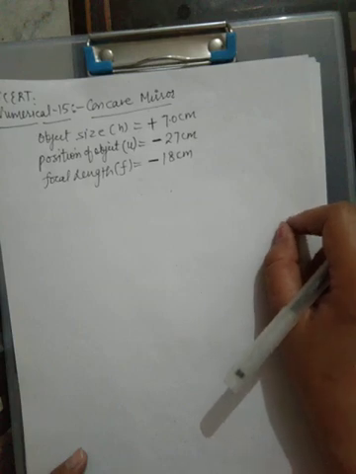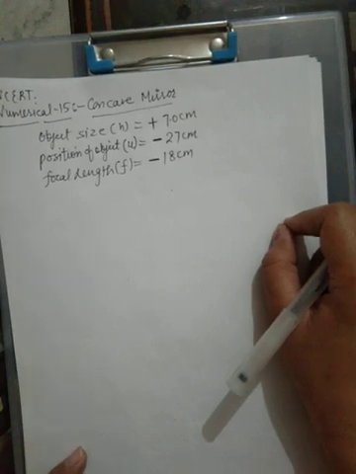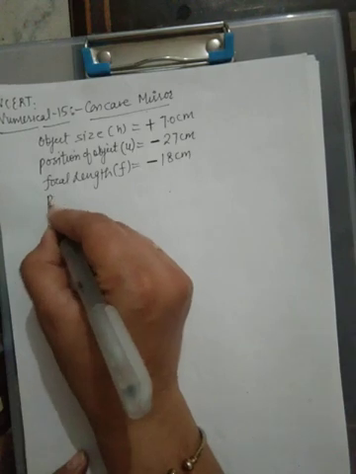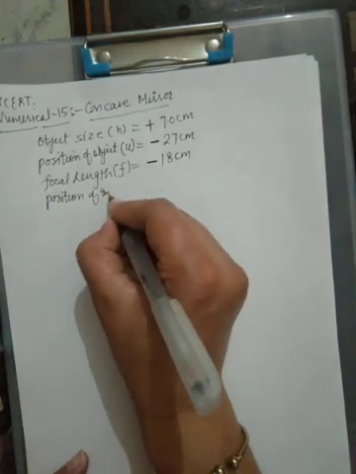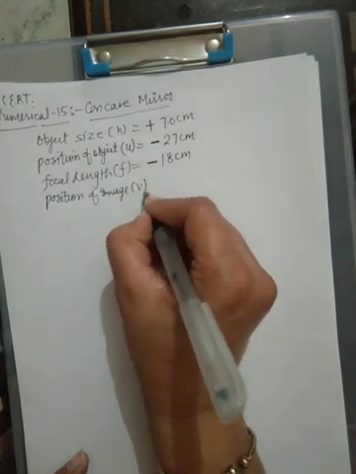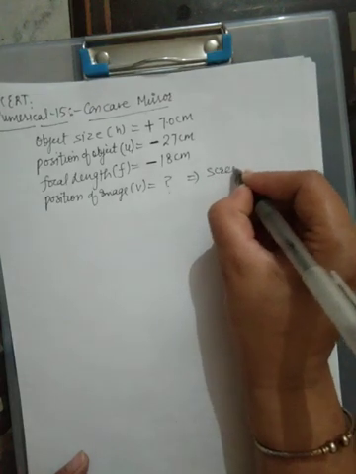Now, what distance from the mirror should a screen be placed so that a sharp focused image can be obtained? It means position of screen can be found out, and screen means position of image is to be found out. So image position, that is V, is to be found out, because it will act as screen position.